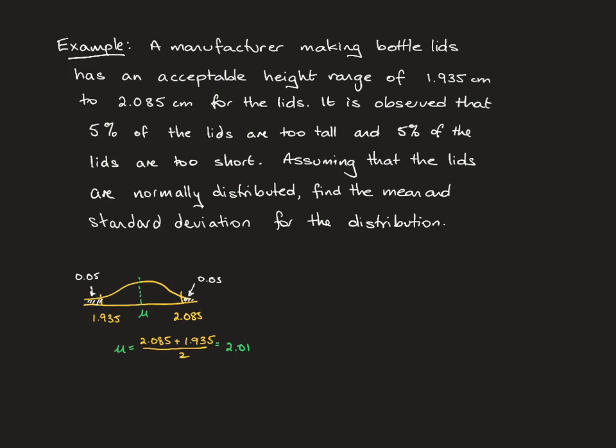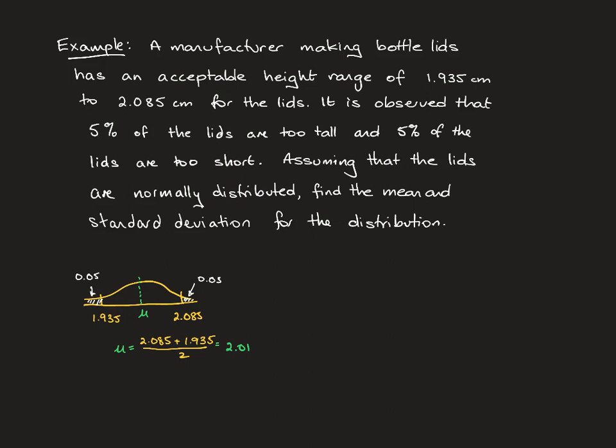Did you get the mean was 2.01? Because it's halfway between these two values, 5% below, 5% above. These are the too tall lids, and these are the lids that are too small. And the mean is exactly halfway between these two values.